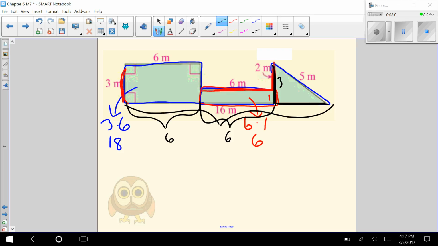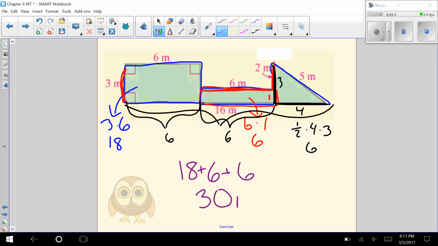So 6 and 6 and 4 makes 16. So the area of this triangle is 1/2 times my base of 4 times my height of 3, which is 6. So my grand total area is 18 plus 6 plus 6, which is 30 square meters.